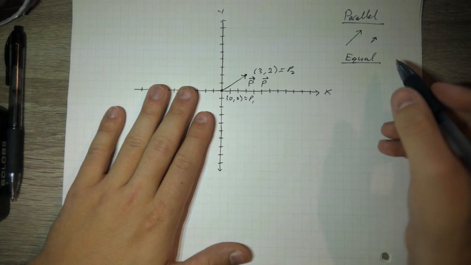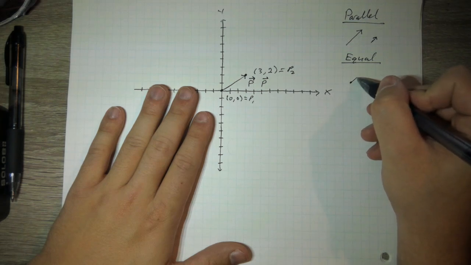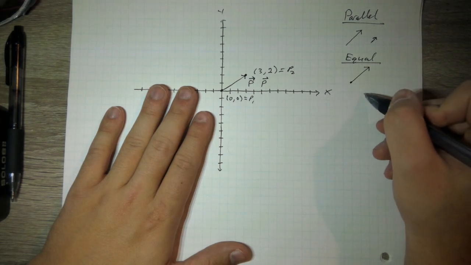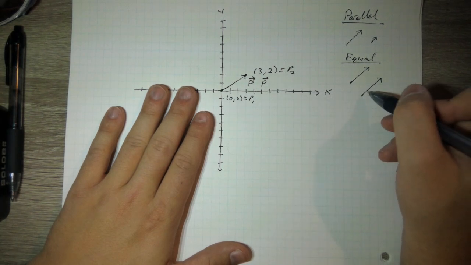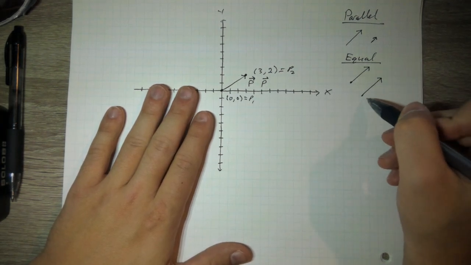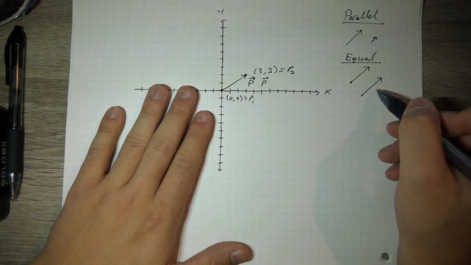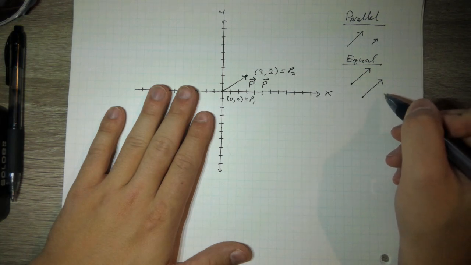So when are vectors equal or equivalent? Well, they're equivalent when they're parallel and when they're the same size. So, these might not be drawn the same size, but assume they are the same size. So they're the same length, they face in the same direction, so we say that they're equal.